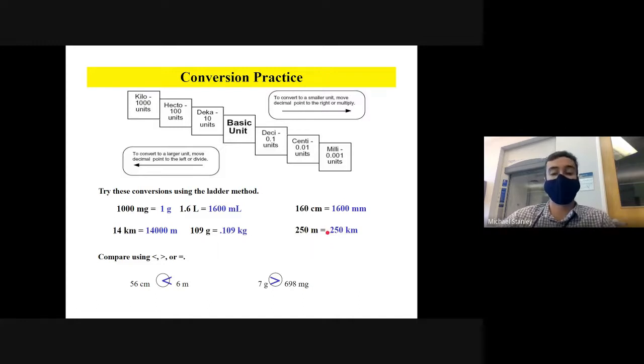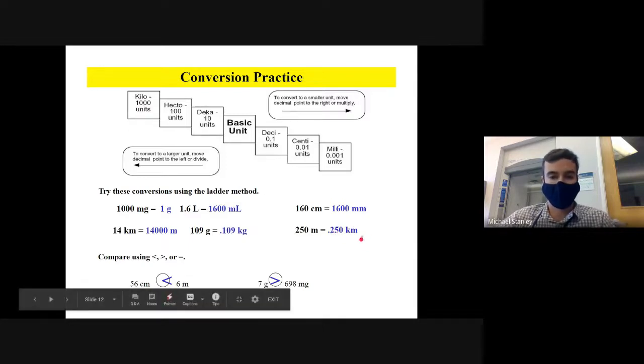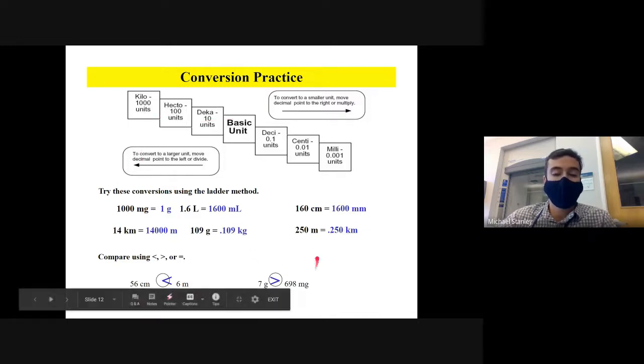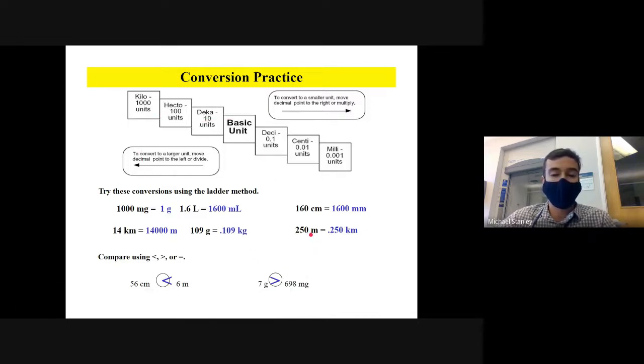So in fact, that is correct. 250 meters equals 0.250 kilometers. We moved 3 jumps to the left on the ladder, so we had to move our decimal point 3 jumps to the left on our number down here.